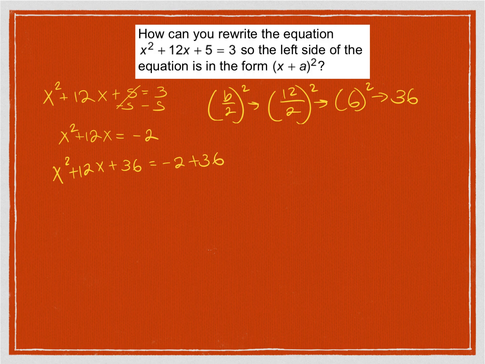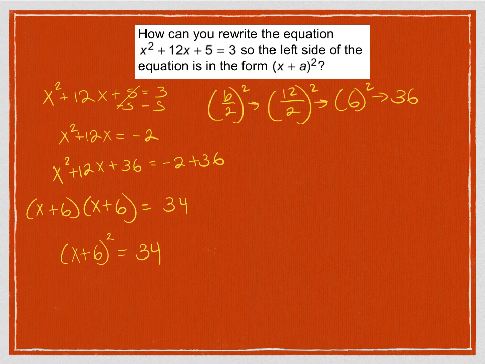I'm going to factor the left side of this problem, so I'm going to get x plus 6, x plus 6 equals 34. I can combine those two parentheses into x plus 6 squared equals 34.